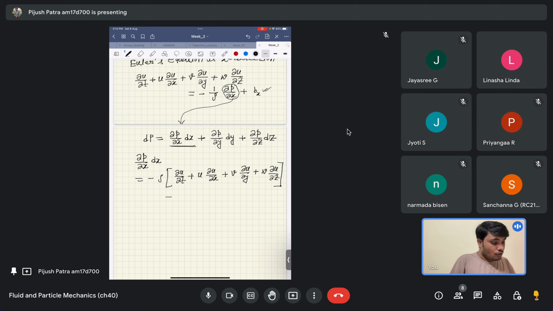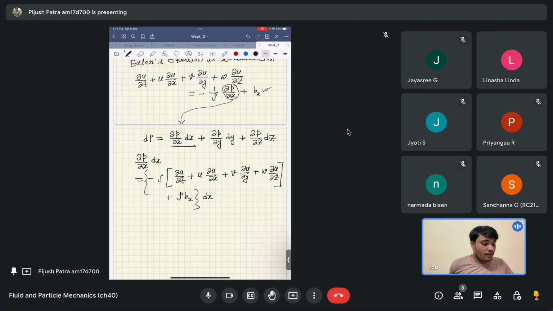If I substitute ∂p/∂x from here, that is a negative sign here, that is also negative, plus rho bx. Is that correct? Whatever I wrote, and this entire term is multiplied with dx.